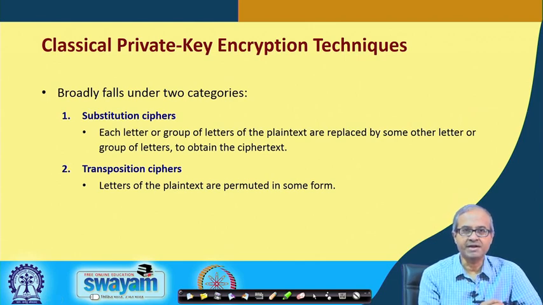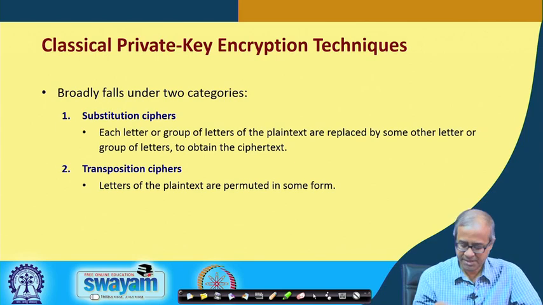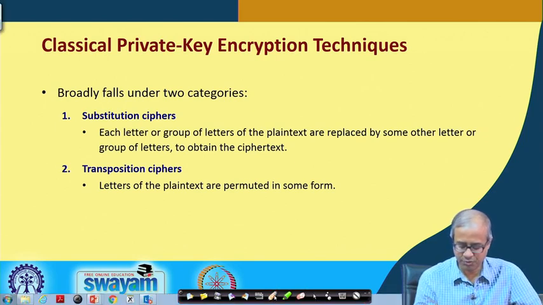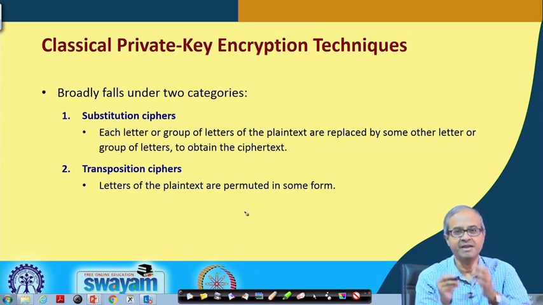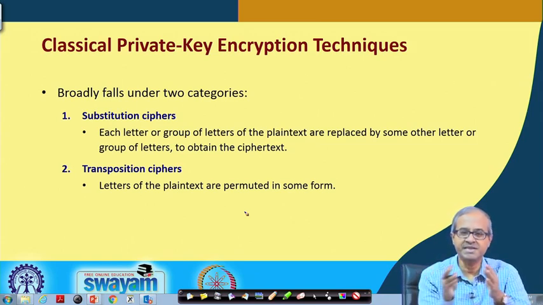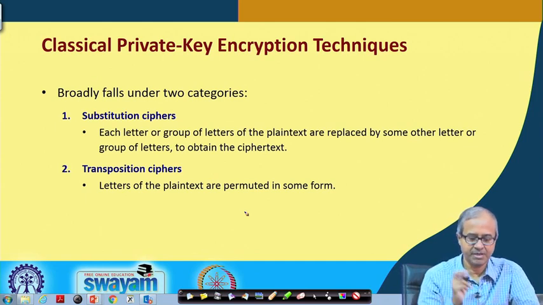Now, let us look at some of the classical private key encryption algorithms. They broadly fall under 2 categories. Here I am assuming in the classical category that the message that I am transmitting is a simple text message. It is not a non-text binary file I am transmitting, a text message.